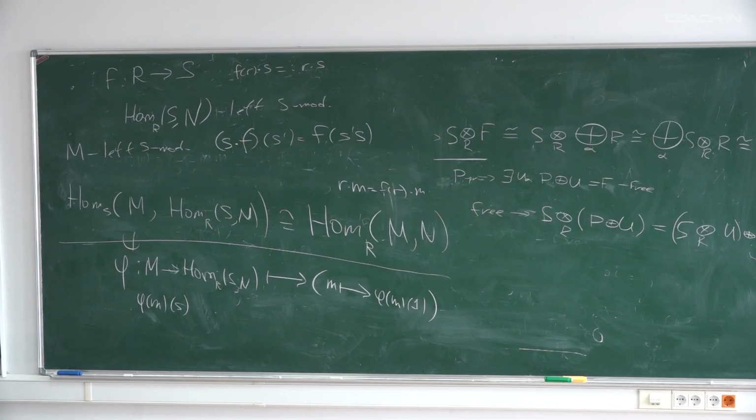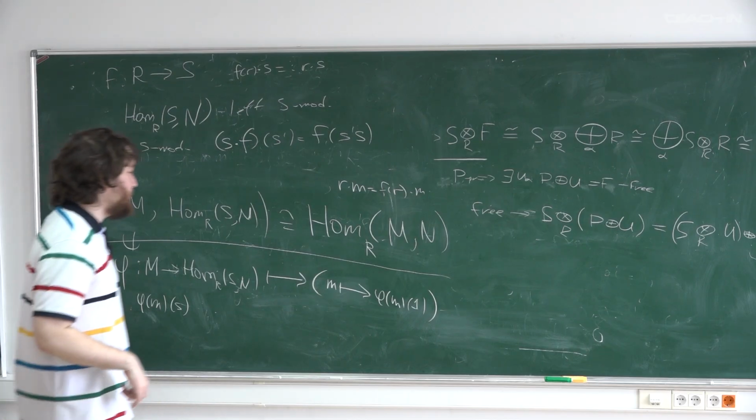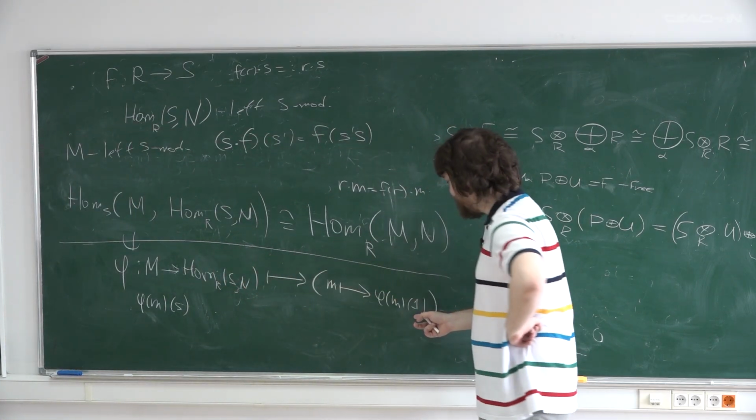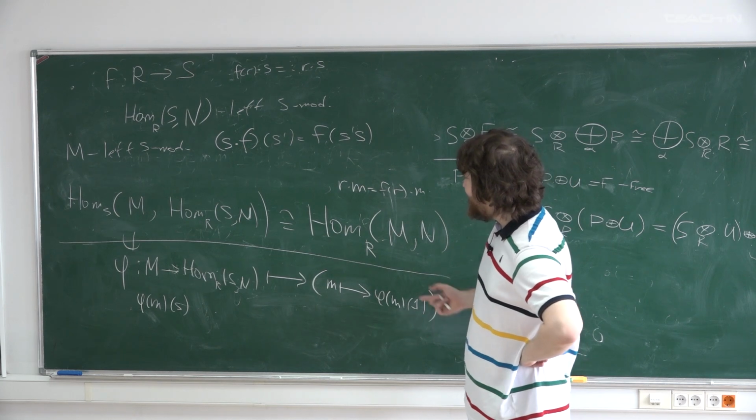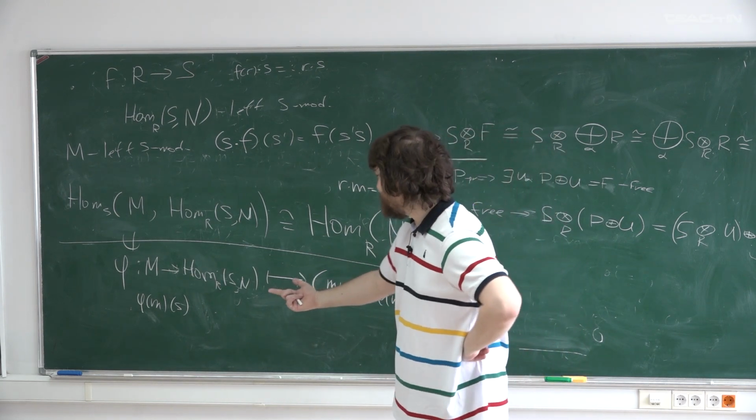You just take the unitary element for simplicity. You can consider another invertible element, but then you have another inverse homomorphism.